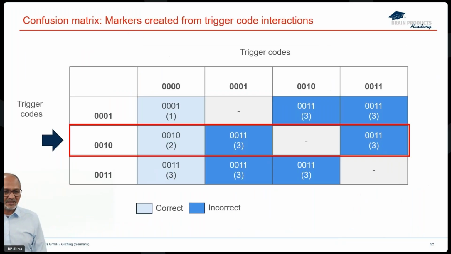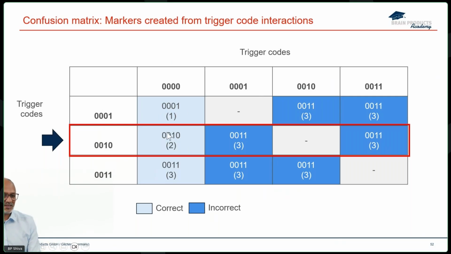And from this, we can create a confusion matrix. Essentially, here is a little snippet of this. Imagine that you're sending the trigger code 0010, and these are all the possible trigger codes that might be occurring at the same time.